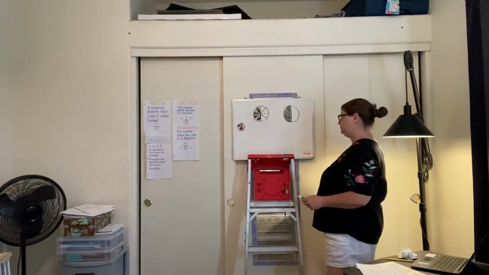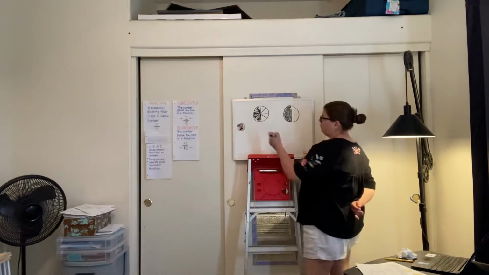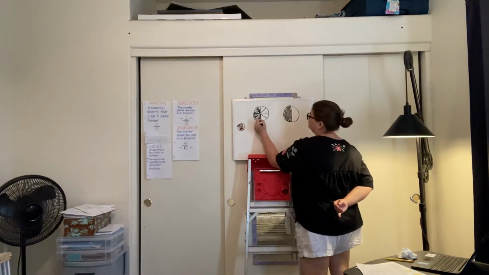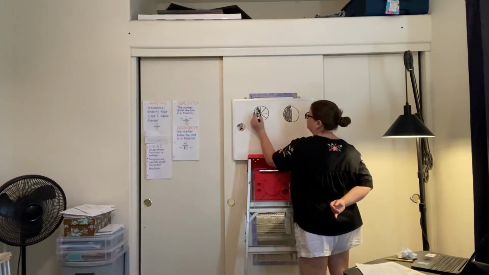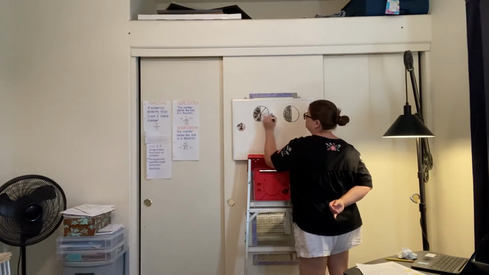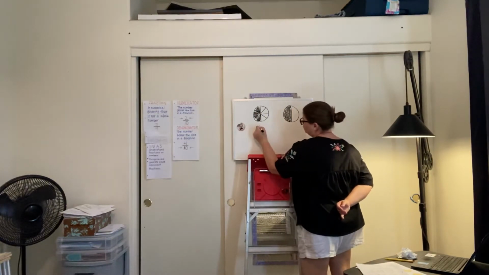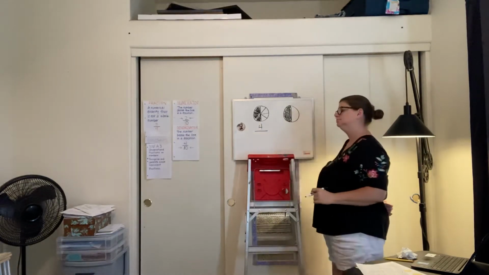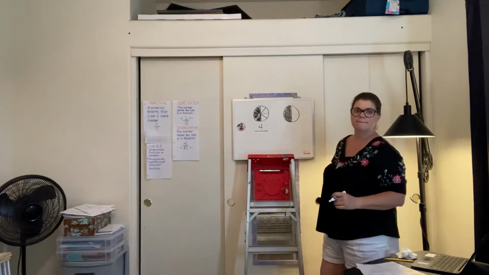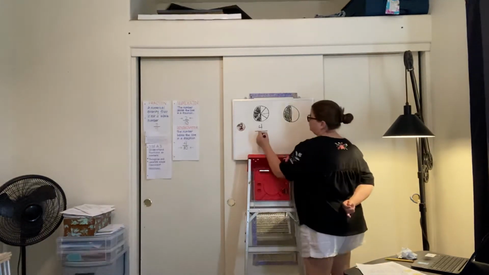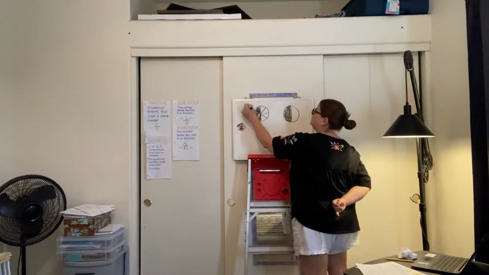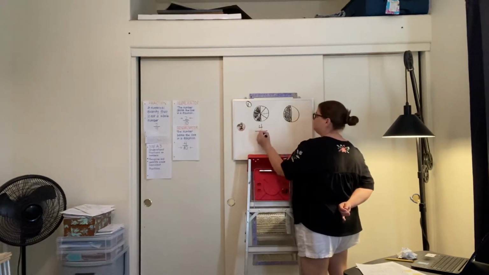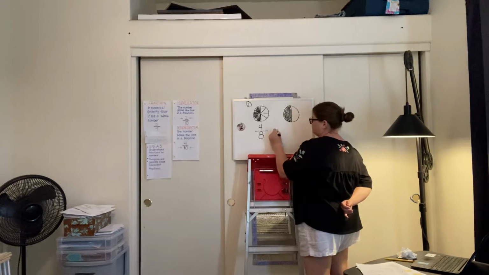Briella. Okay, we have 4, right? 1, 2, 3, 4. Okay, so we have 4 shaded parts out of how many? Did we say? 8. Okay, so this diagram, the first one, represents 4/8.